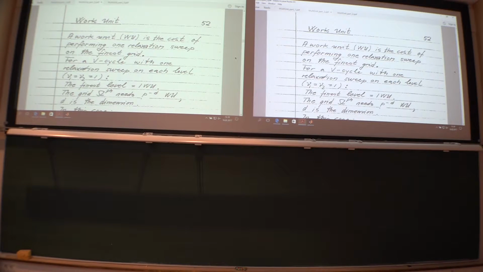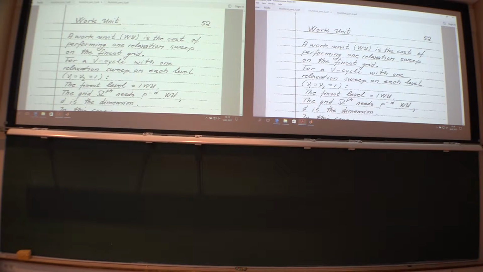And I mean, one iteration on the fine mesh can take some time, but one iteration on a coarse mesh might go very rapidly. So to talk to each other there, the number of operations involved, depending on the mesh, we sort of translate everything into what's called a work unit.